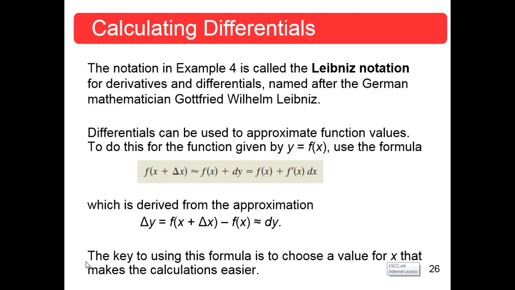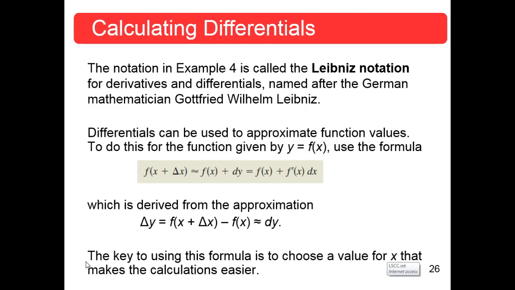Differentials can be used to approximate function values. To do this, for the function given by y equals f of x, use the formula. Does this look familiar? f of x plus delta x is approximately equal to f of x plus dy, where dy was f prime dx. Which is almost exactly what we did in our tangent line approximation.